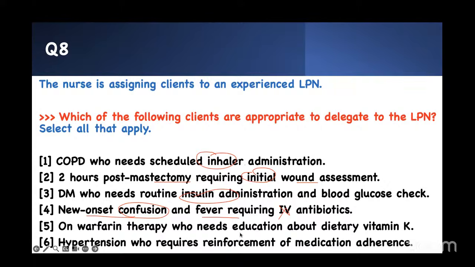Warfarin, fine, but it needs education. I don't think the LPN should do that either. And hypertension, the word is reinforcement, so the LPN can do that. It can give glucose, insulin, and it can give inhaler. You can see the strategy to answer this delegation, assessment and prioritization question is straightforward.